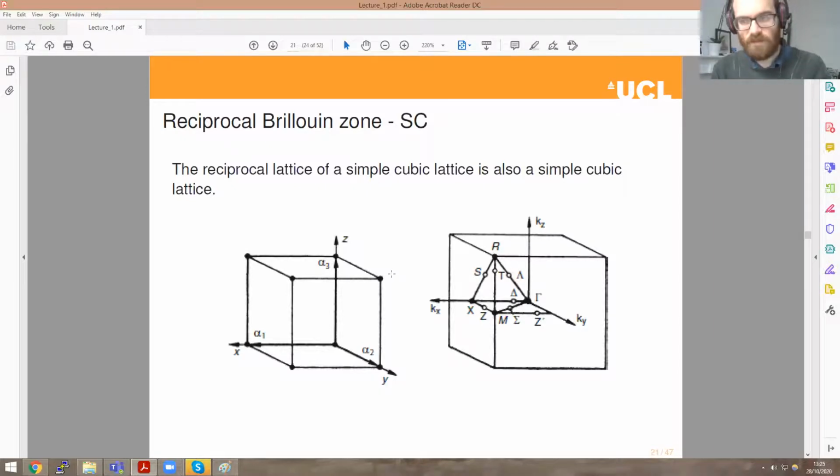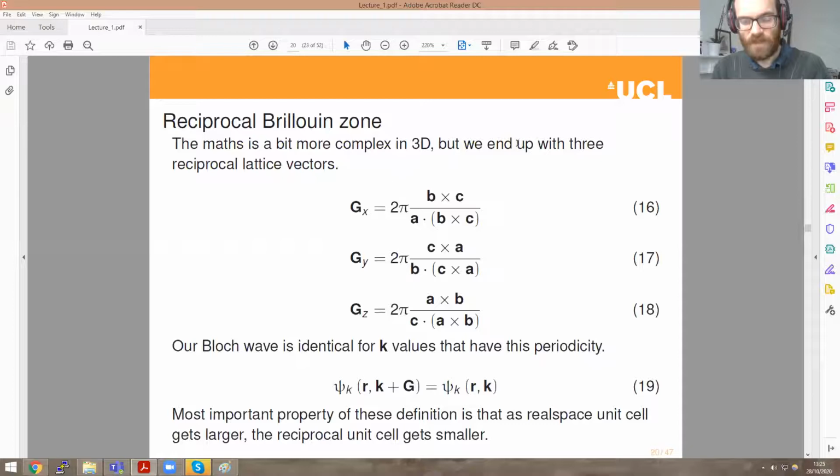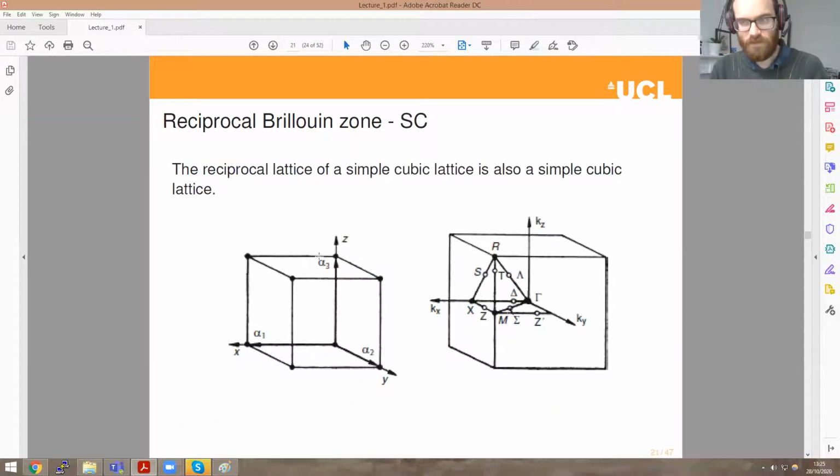There are equations that define exactly how you go from a real space cell to the reciprocal space cell that matches it. They're a bit hard to visualize, so we normally just run through the first three simple examples. The simple cubic is the special case where the reciprocal lattice looks the same as the real lattice.